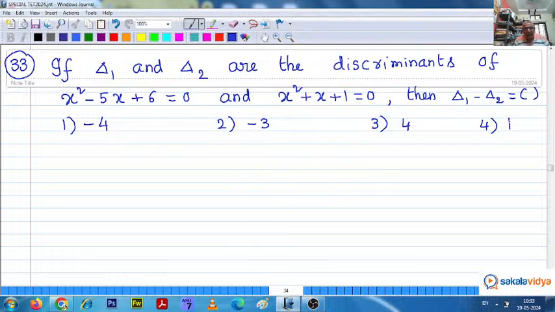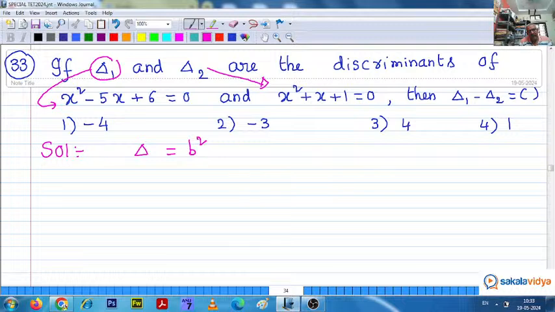See, my dear students, here delta 1 is the discriminant of this equation, delta 2 is the discriminant of this equation. First let us find delta 1. See the solution. Delta means b square minus 4ac, the discriminant. This is a formula.